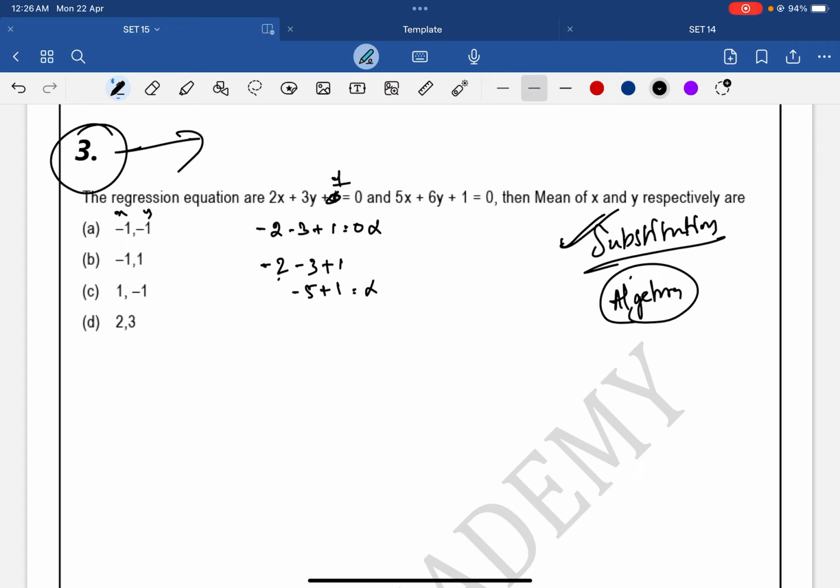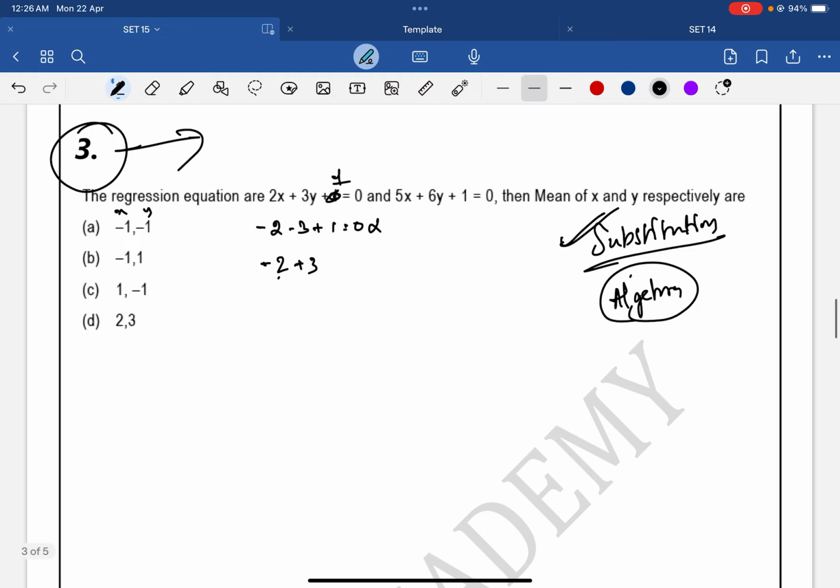Then I will go with minus 3, minus 2 plus 3 plus 1 is equal to 0. Suppose I put, it is going to be minus 2 plus 4 is equal to 0, it will come. So obviously it is not my answer. So neither A nor B is my answer. I am left with only option C or D.